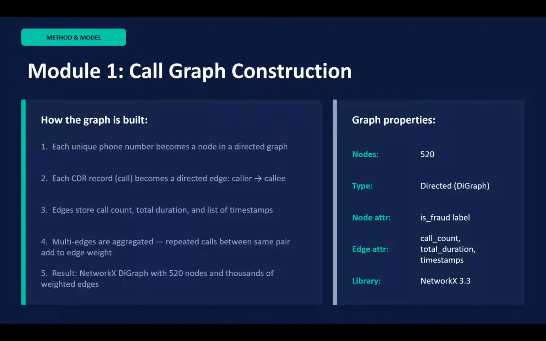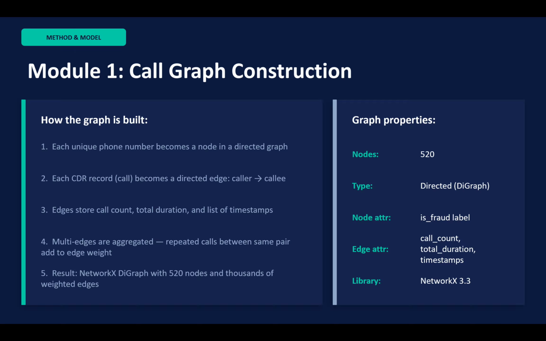Every call record is an edge. When the same users call each other multiple times, we don't create duplicate edges, we accumulate them. The edge stores total call count, total duration, and time steps of every call. This is what lets us compute the temporal features later.